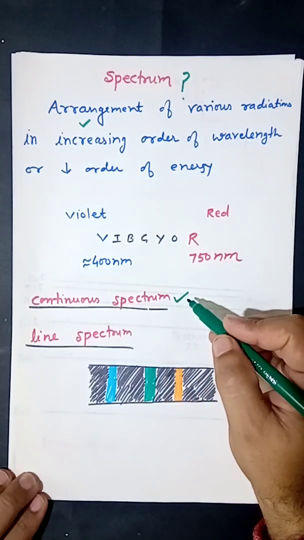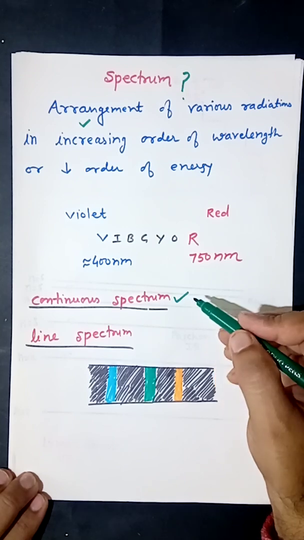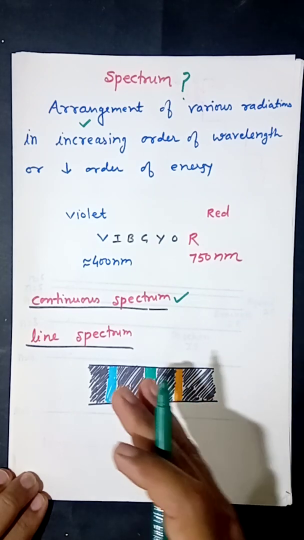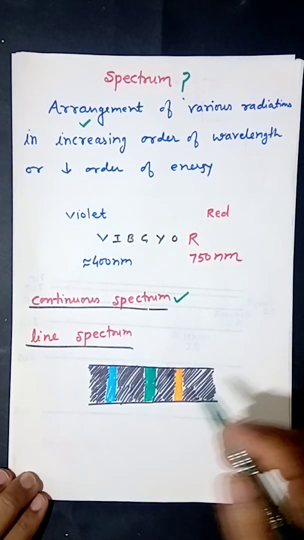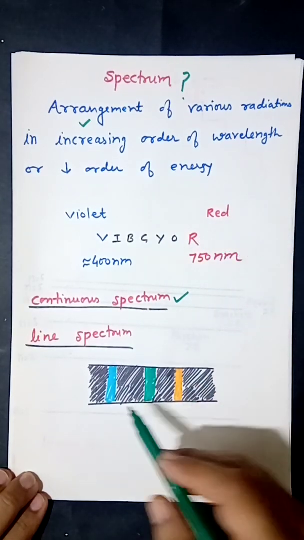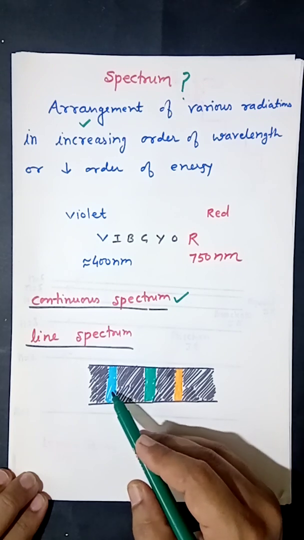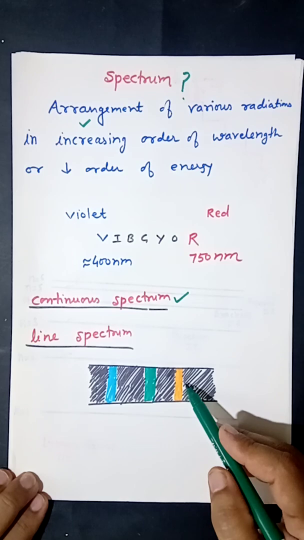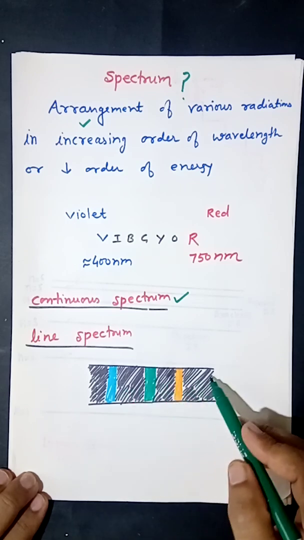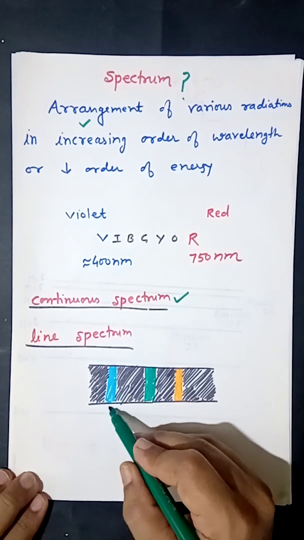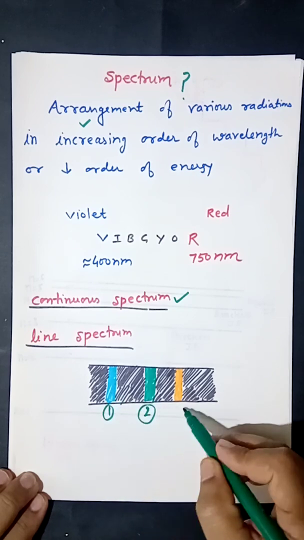But when we obtain the spectrum of an atom, the radiations are quite far from each other. For example, if the same type of spectrum is obtained for an atom, then here you can see we get three colors: blue color, green color and orange color, but the remaining colors are not found here. These are three radiations, this is first, this is second and this is third.